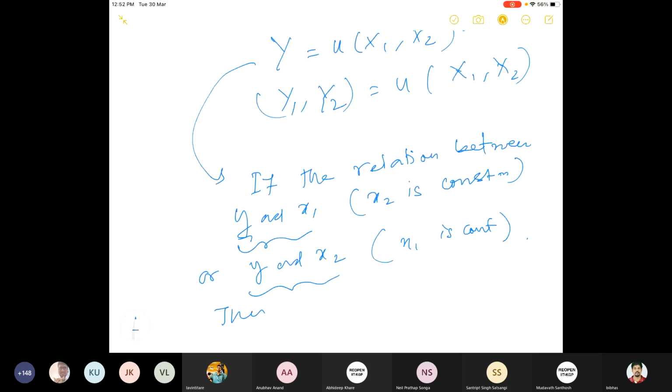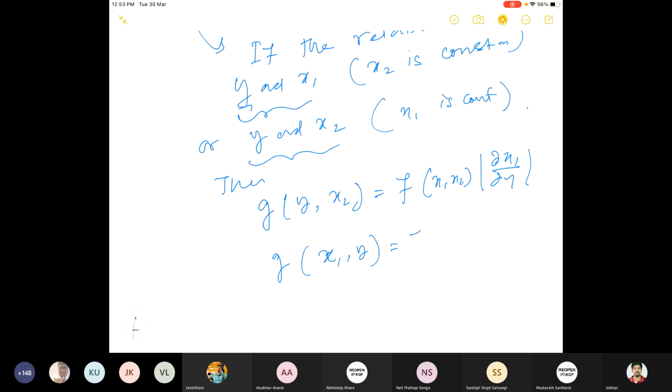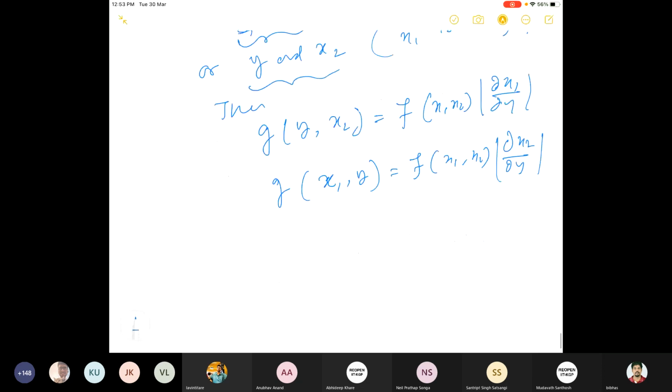So we can say g of y given x2, where x2 is constant, will be f of x1, x2 times mod of del x1 by del y.